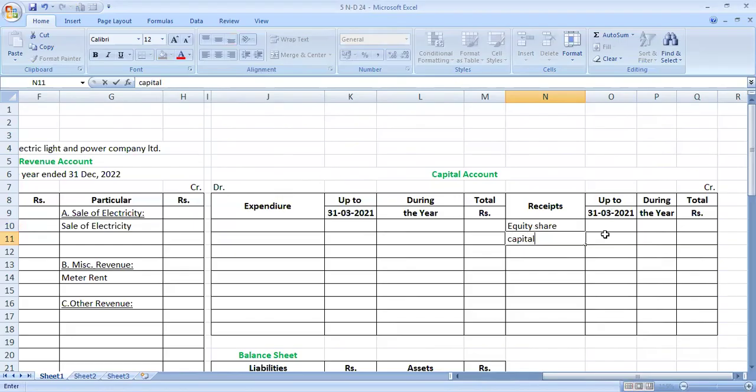Amount is directly given, hence I am taking this up to the 31st March 2021 column. That is 5,49,000.